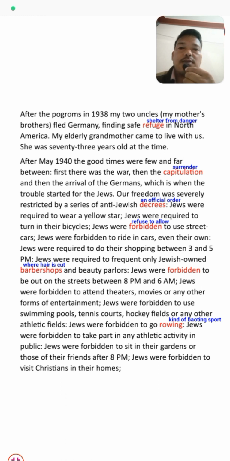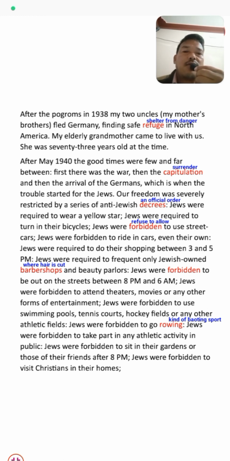Here in the next paragraph, students. After the pogroms in 1938, my two uncles, my mother's brothers, fled Germany, finding safe refuge in North America. A refuge, students, means shelter from danger. When somebody looks for a safe place from danger, that is called refuge.